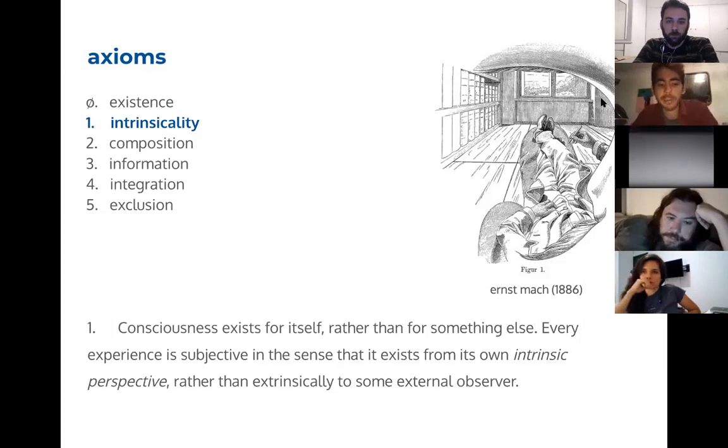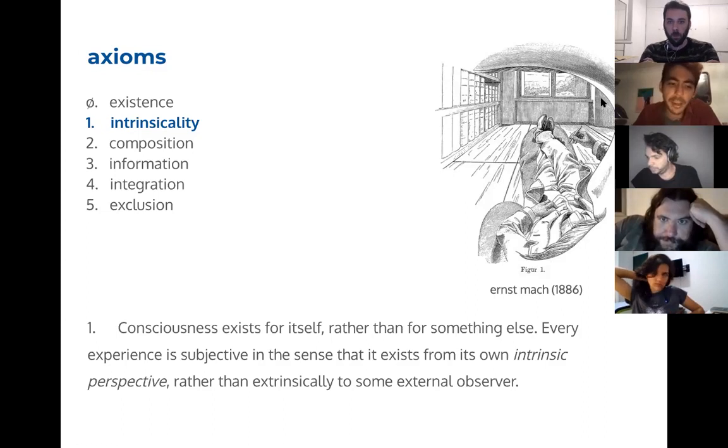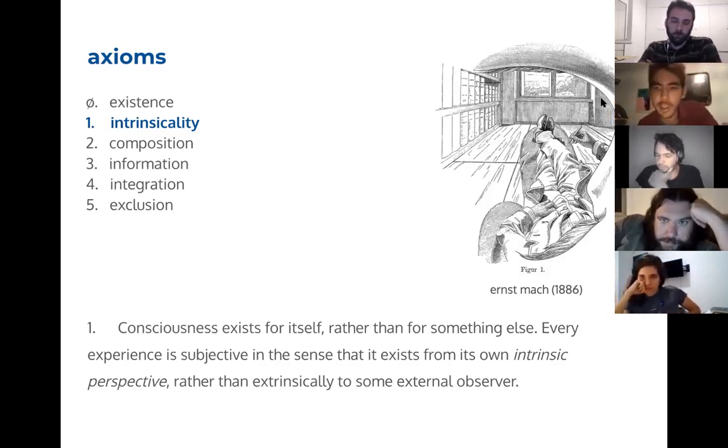You have some kind of perspective from which things are experienced. And here again, it's not a perspective that implies any kind of I or ego or subject that is doing this perceiving. It's just that you have this space of appearance. So you have a perspective.